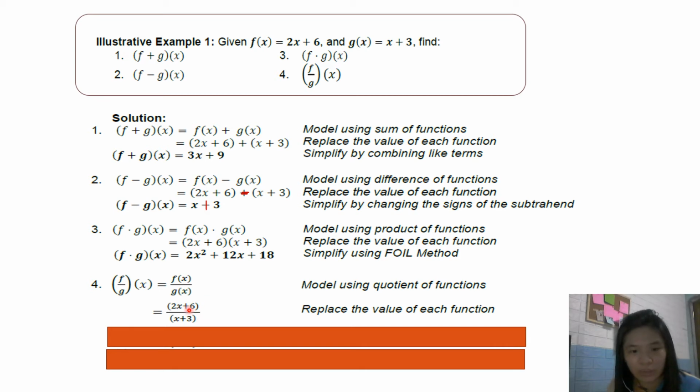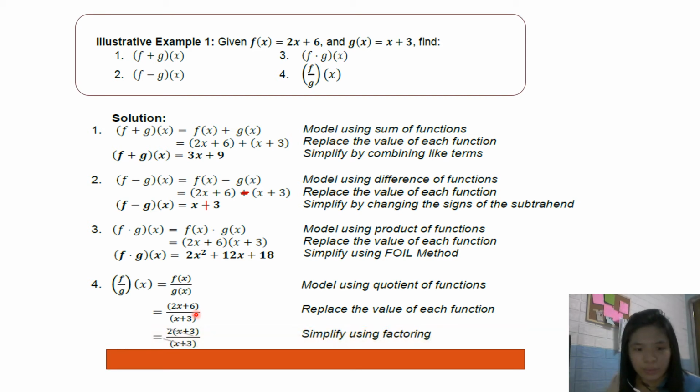Can we factor out 2x plus 6? Yes, we can, and it has a common monomial of 2, meaning both terms, 2x and 6, can be divided by 2. So, we can factor out 2x plus 6 as 2 multiplied by x plus 3.